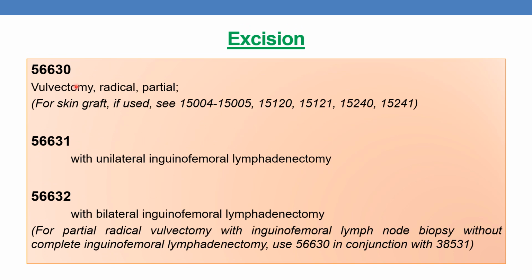The next is vulvectomy radical partial. The CPT is 56630. Next, vulvectomy radical with unilateral inguinofemoral lymphadenectomy. The CPT is 56631. When it is vulvectomy radical with bilateral inguinofemoral lymphadenectomy, the CPT is 56632.